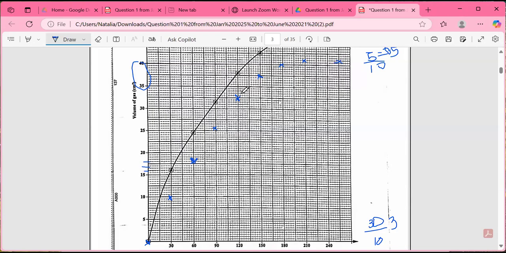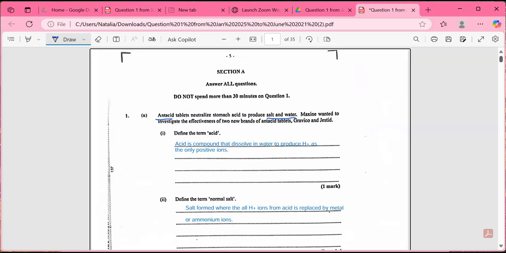All right, so remember, the purpose of this is to figure out which one of them is a better antacid, right? Turn off the TV here for me, please.